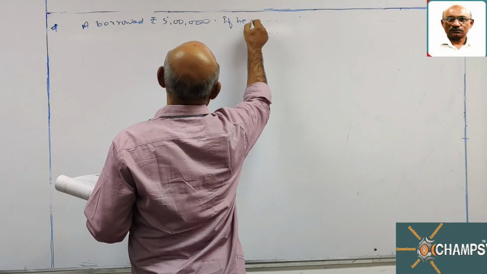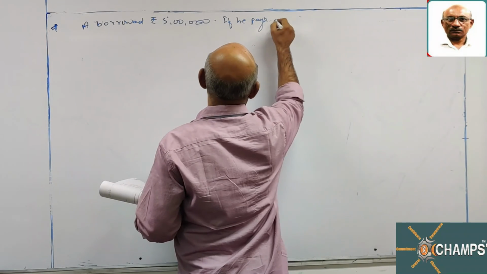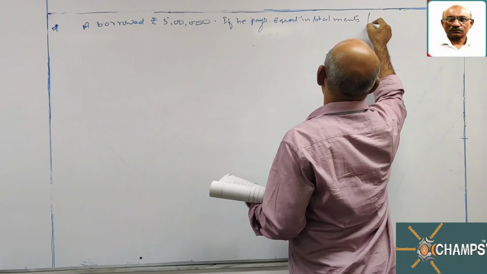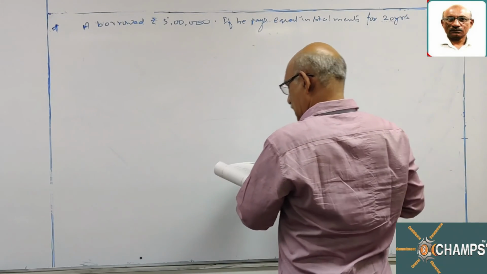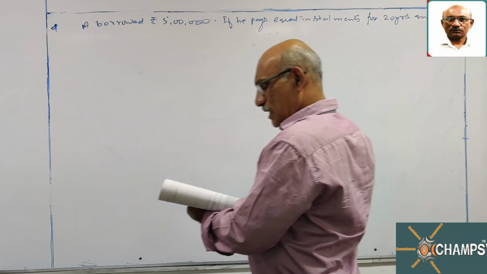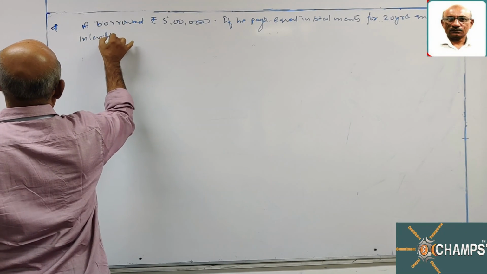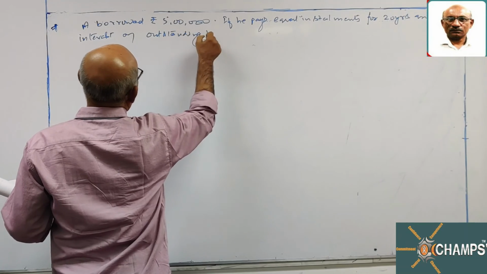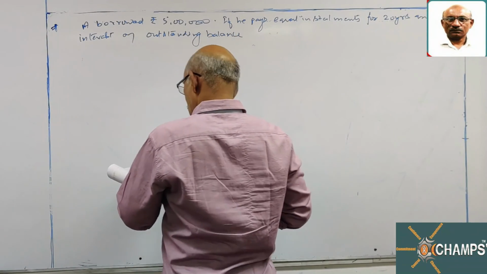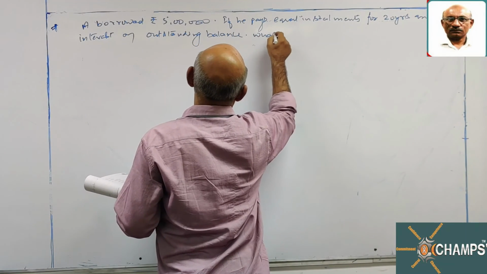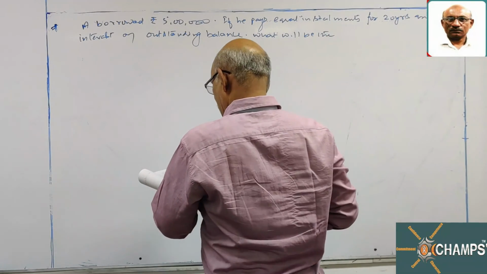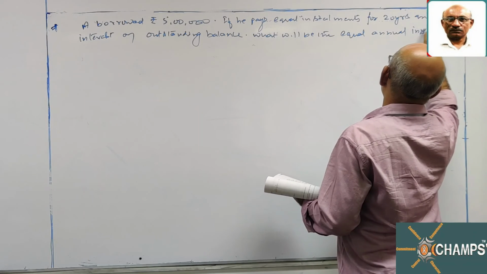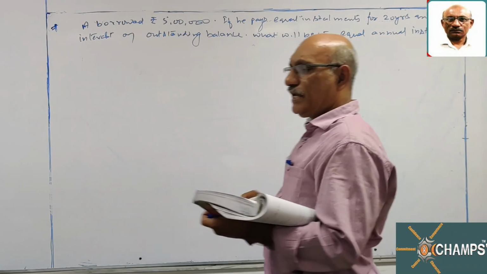If he pays equal installments for 20 years, and 10% interest on outstanding balance, what will be the equal annual installment?